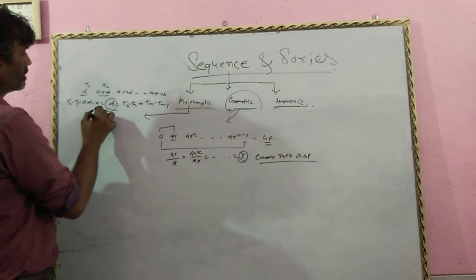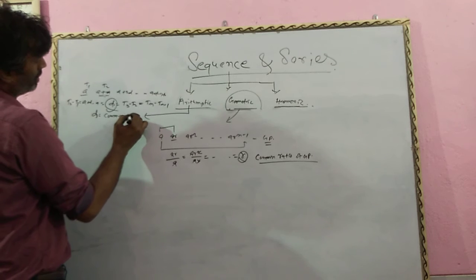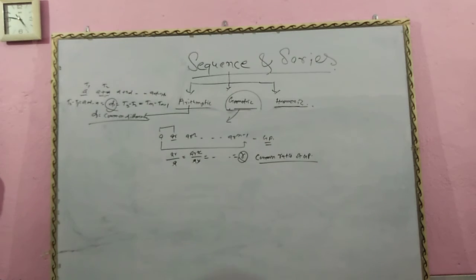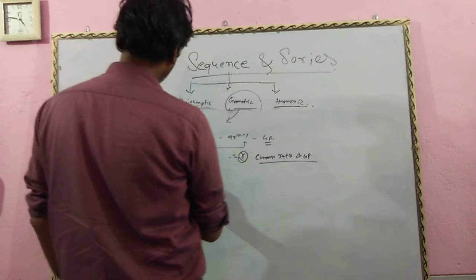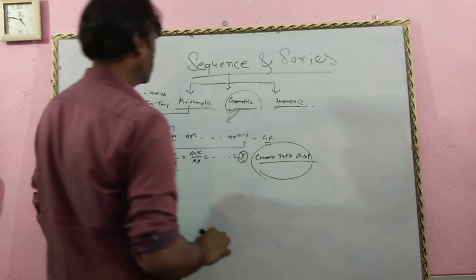This d will be called the common difference. Now come to this point: this will be called the common ratio of GP.